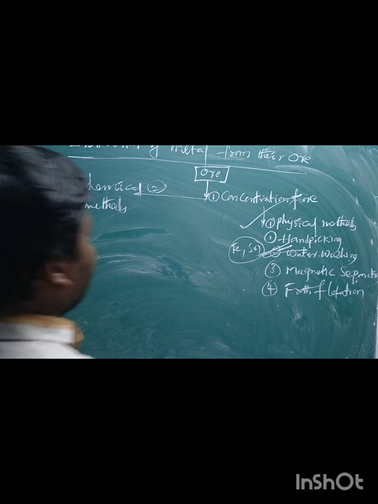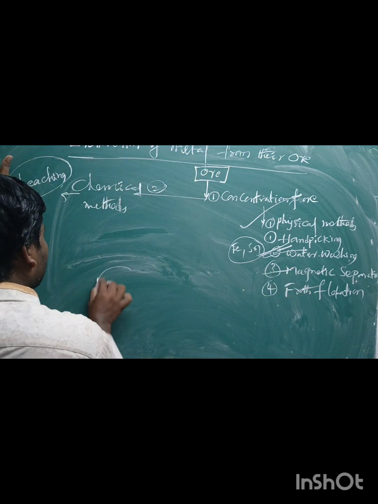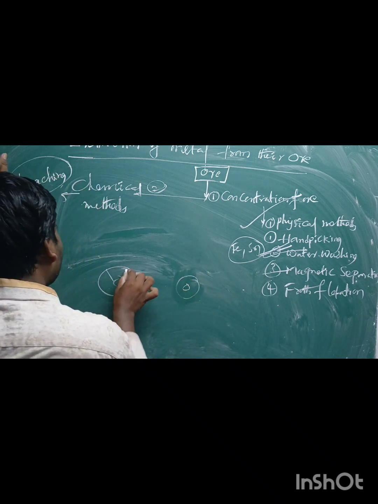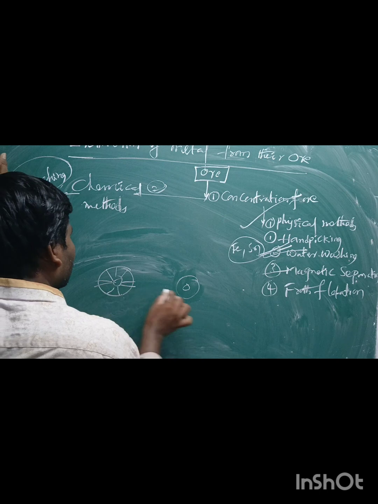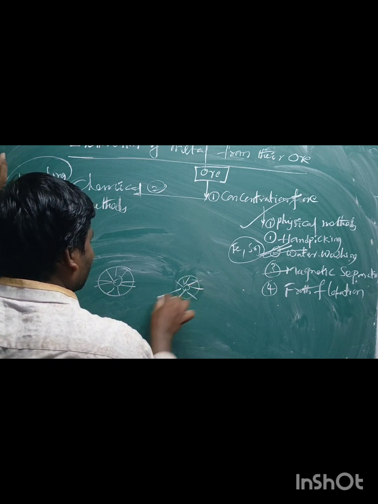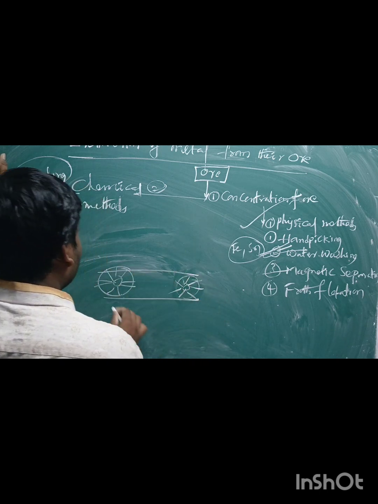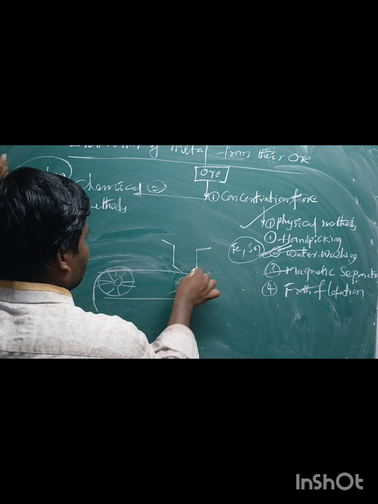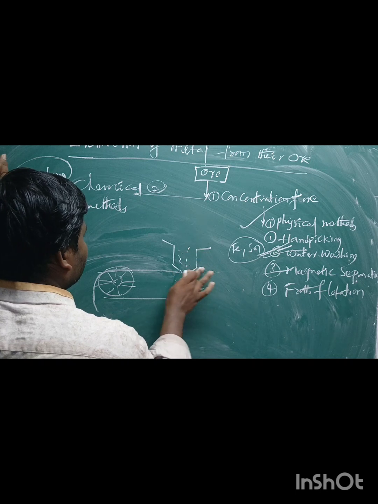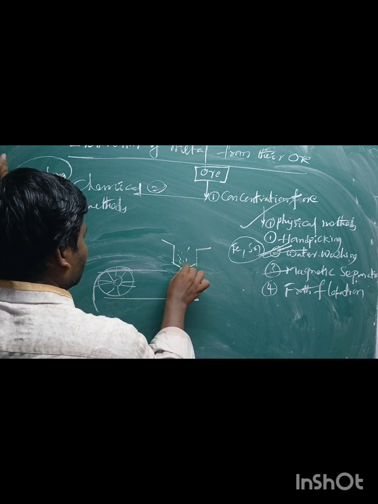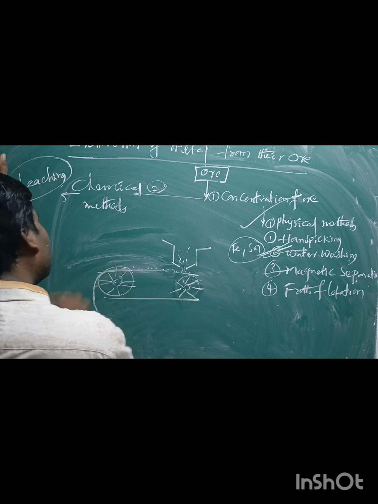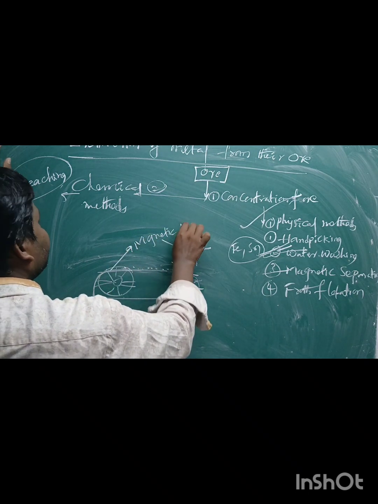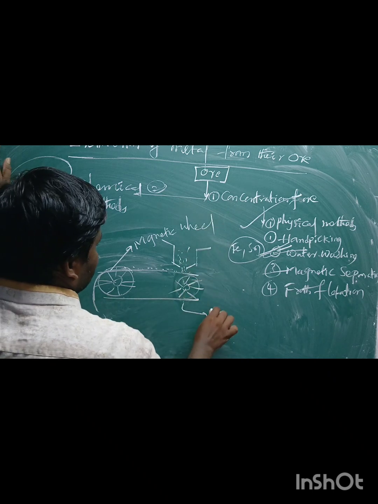Third one is magnetic separation method. What is the magnetic separation method, sir? Now crushed ore is allowed to pass through a moving belt. It is a magnetic wheel. This is a non-magnetic wheel.